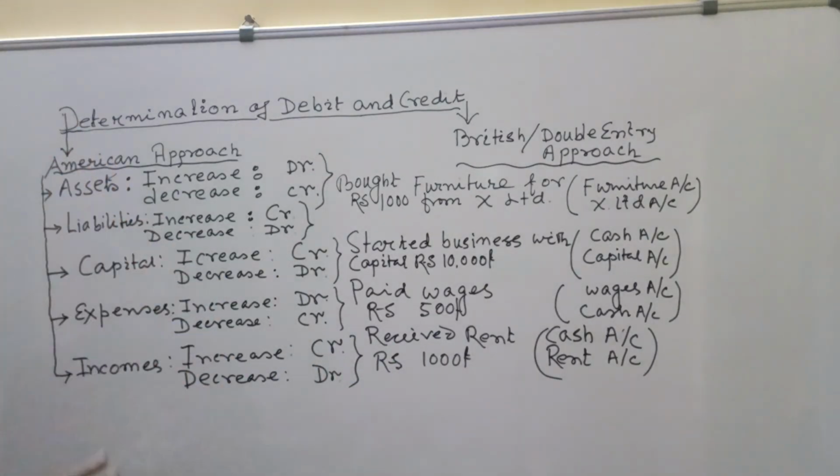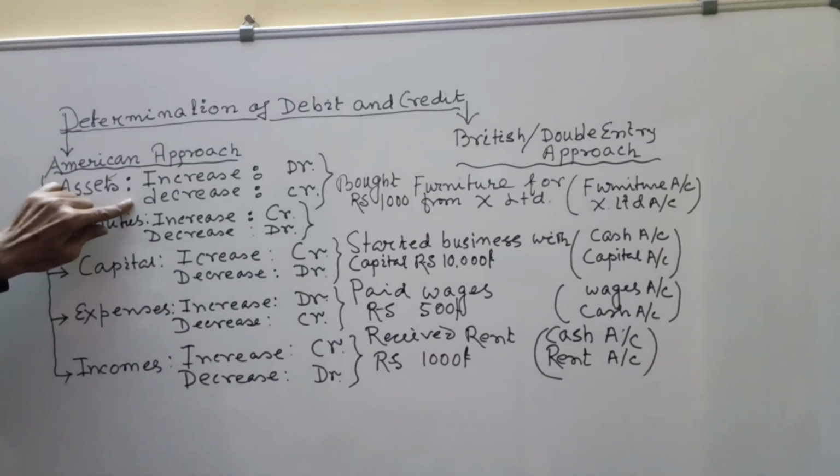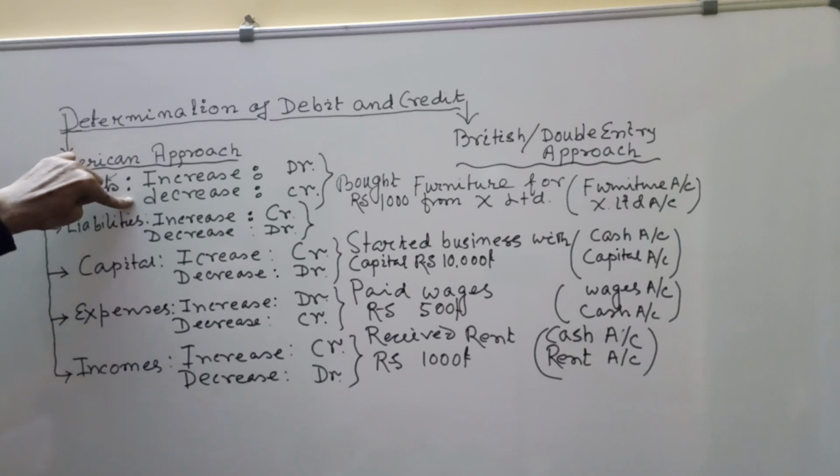I am now summarizing the whole thing again. If the assets of a business increase, the asset account will be debited. If the assets decrease, the particular asset account, whatever its name may be, land and building, plant and machinery, furniture, etc., or the current assets, it may be cash, stock, debtors, according to the nature of the transaction, will be credited.